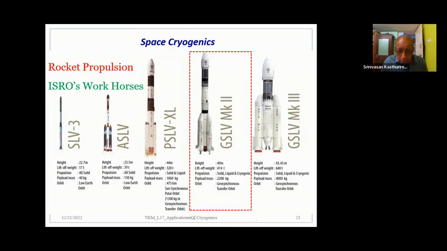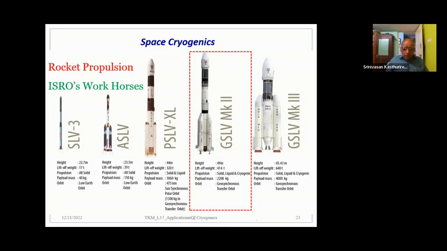These are the three things which are there in GSLV. The payload mass is about 2,200 kg. A geosynchronous transfer orbit is what is normally suggested for this type of launch vehicle.